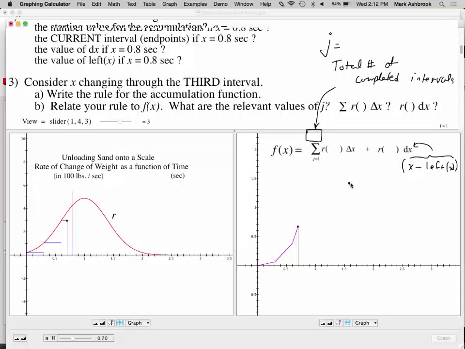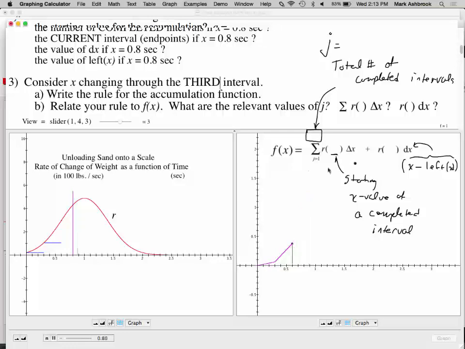All right, so let's take a look at how we get, so what is this right here? This input into R is the starting x value of a completed interval. Okay, good question. So which one is it?